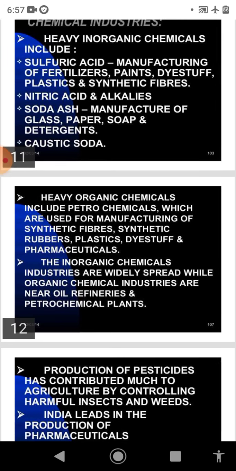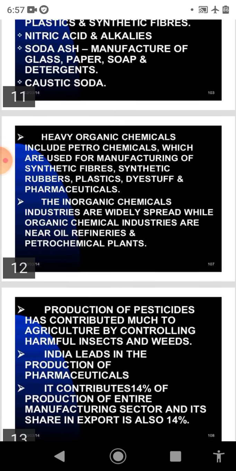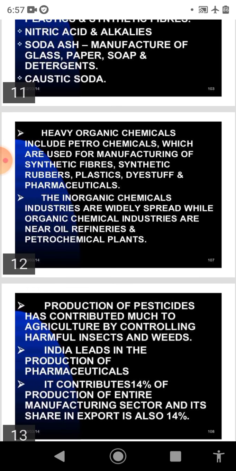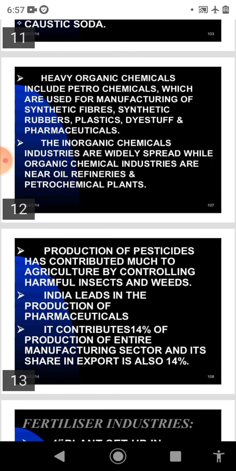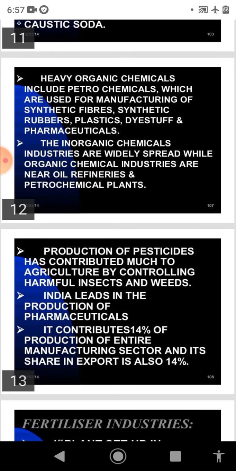After that we will discuss the importance of chemical industries. First one, employment. The chemical industry is one of the major sources of employment for a large number of skilled as well as unskilled workers.